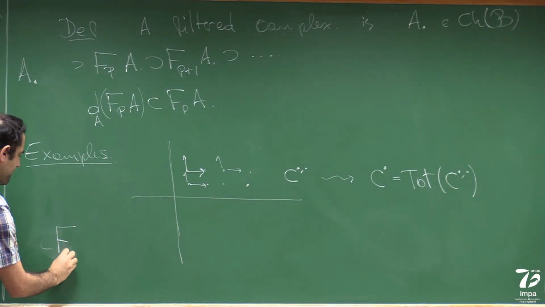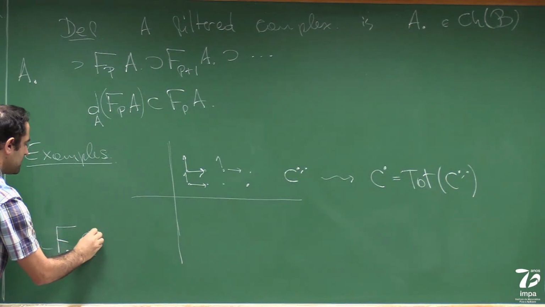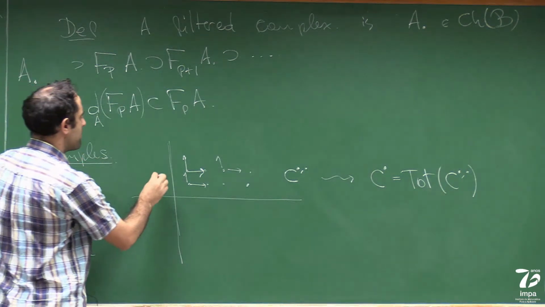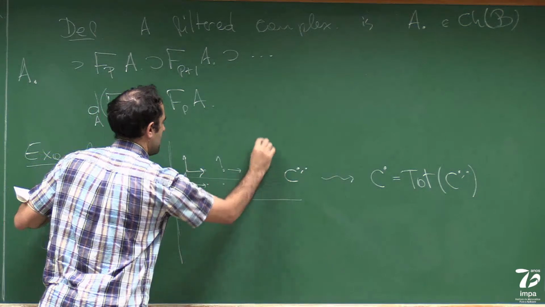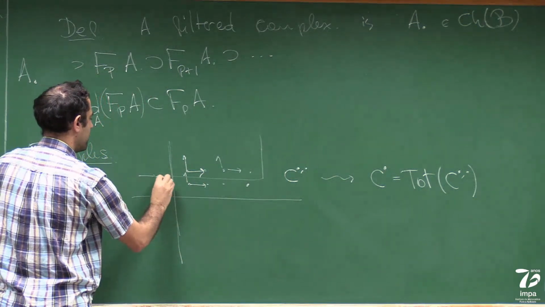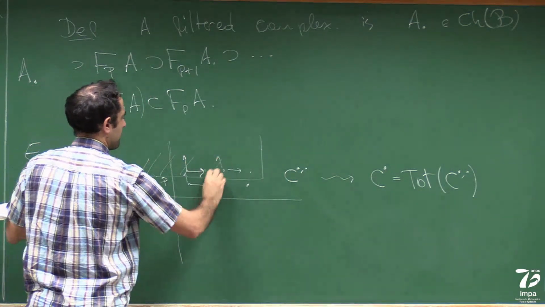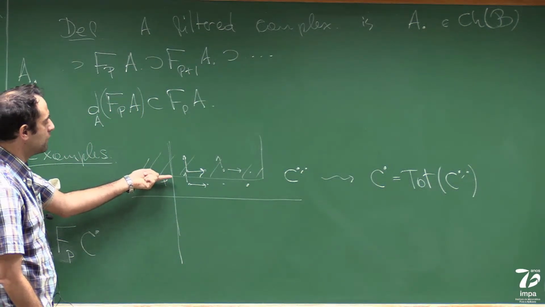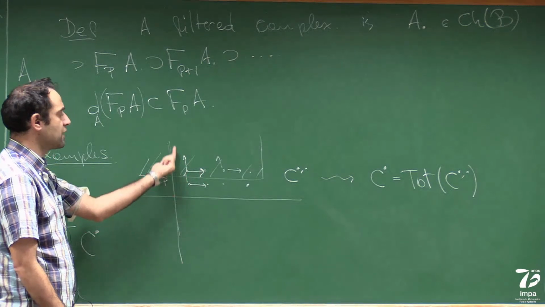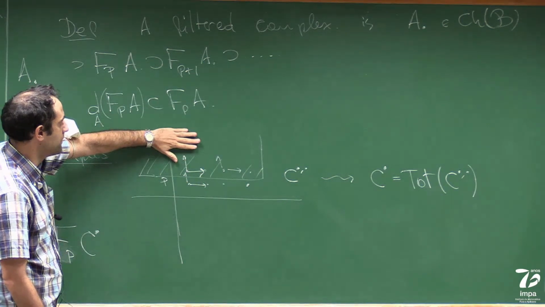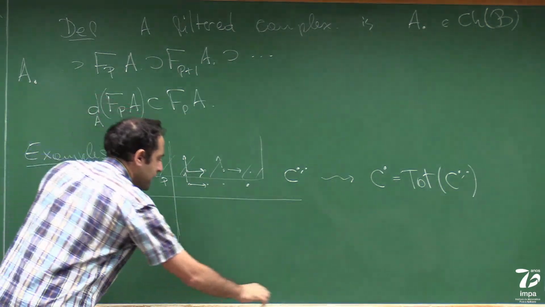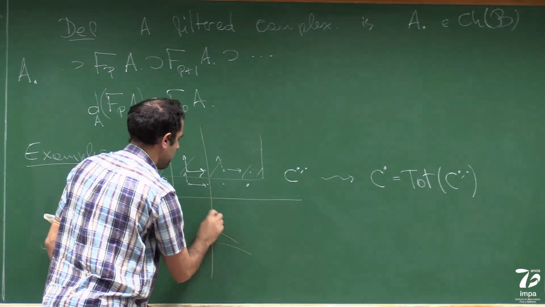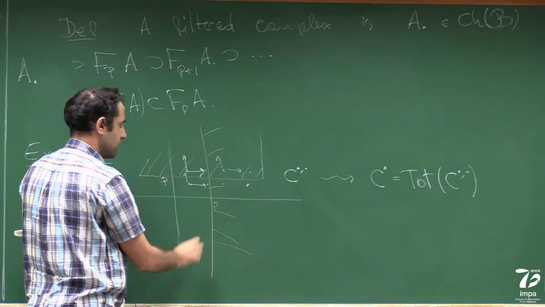And F^p of C, well, it has two filtrations. We can pick the filtration where we pick everything above the pth row. And you see the horizontal differential goes this way, the vertical differential goes this way, so it preserves this whole picture. Or we could pick everything that goes to the right of the pth column.